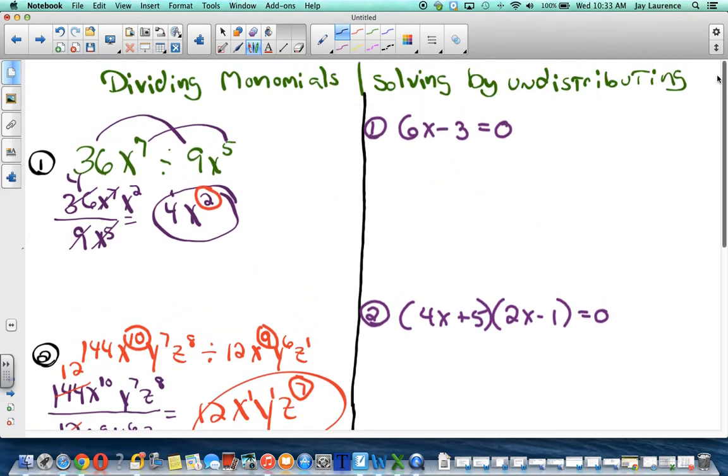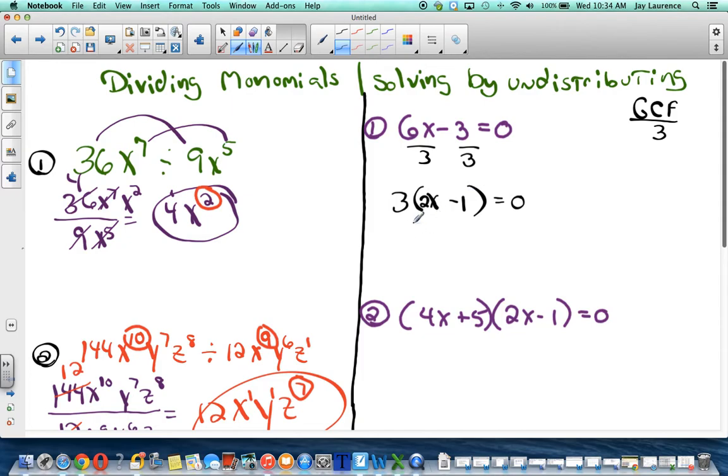All right, let's see here. Solving by undistributing. First, I have to find the GCF, which I think in this problem is just going to be a 3. So I'm going to divide both terms by 3, and I'm going to get 3 times the quantity 2x minus 1 equals 0.